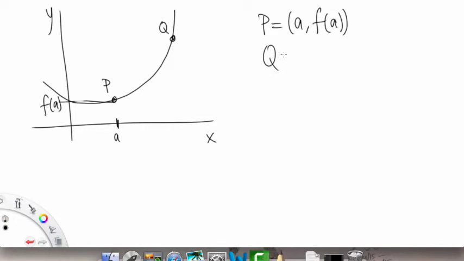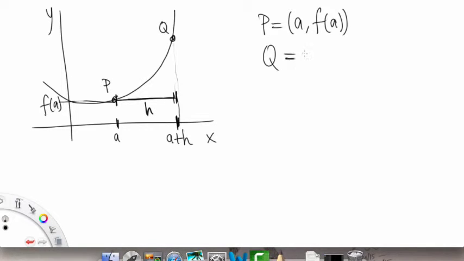Now q, though, I don't want to name it using x's. I'm going to name it instead using how far it is away from a. As far as the x value goes, I'm going to call it a plus h, where h is the distance in the x value, the run part. This length here is h.